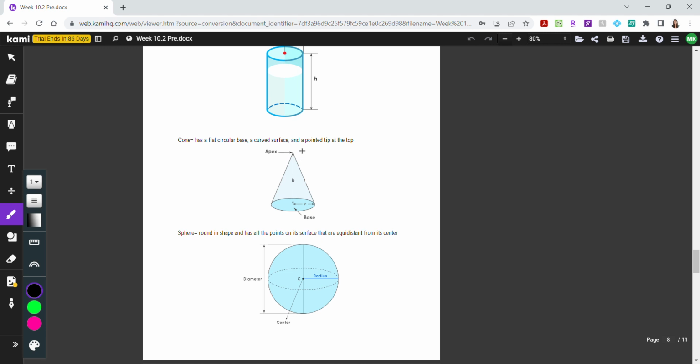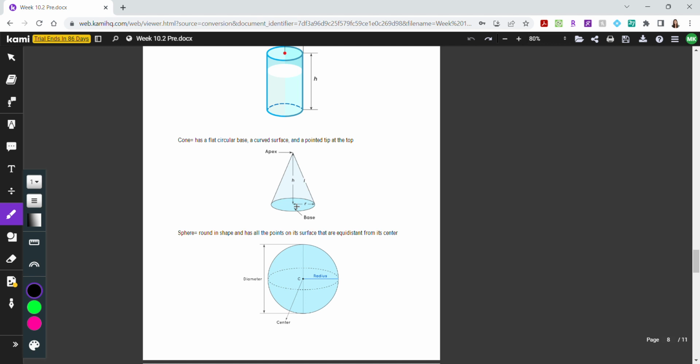With a cone, if you drop a line from the apex perpendicular to the circular base, from the apex to the center of the circular base, we have our height.